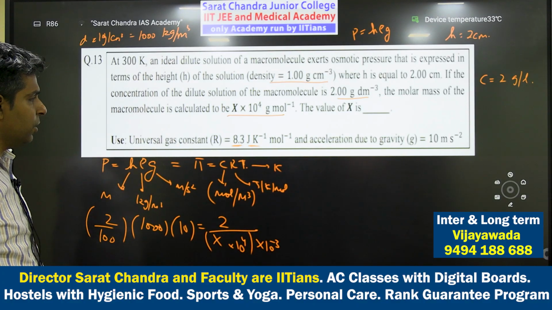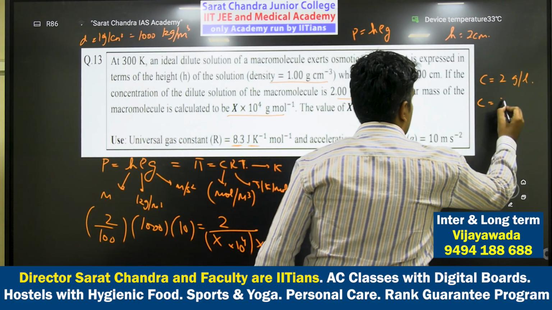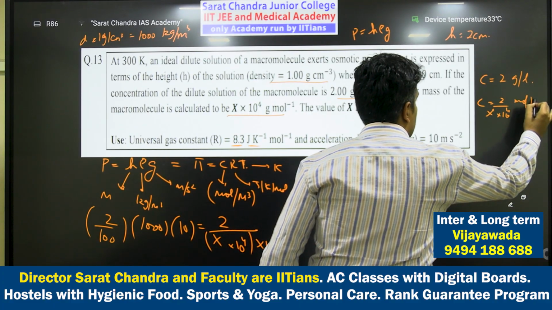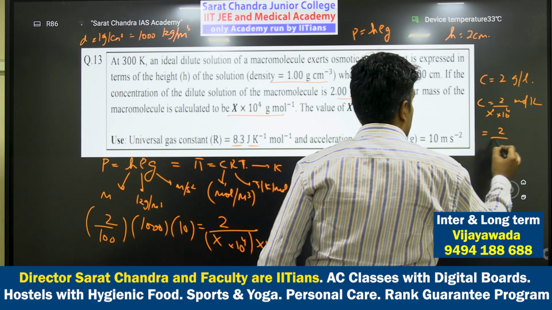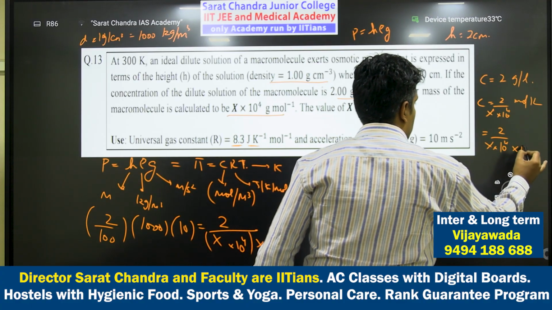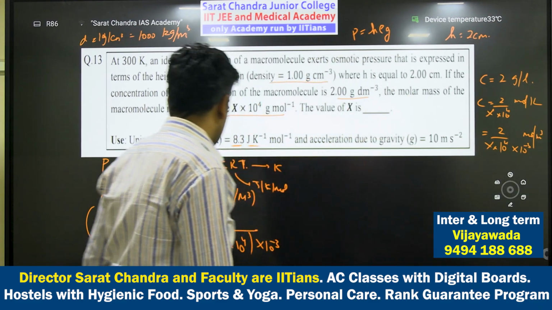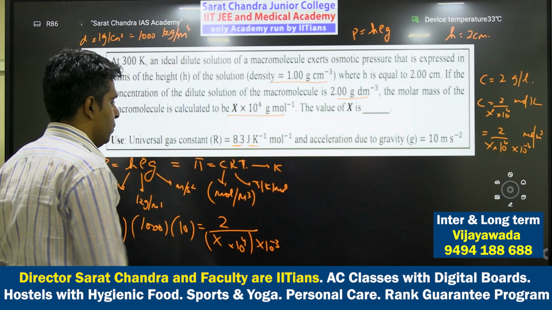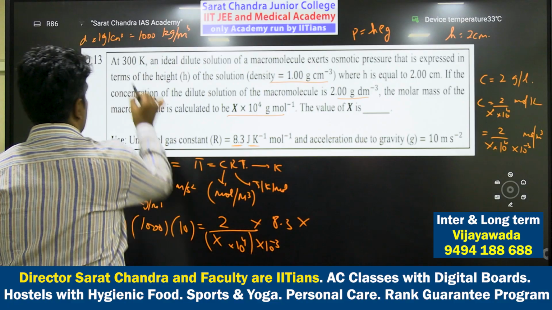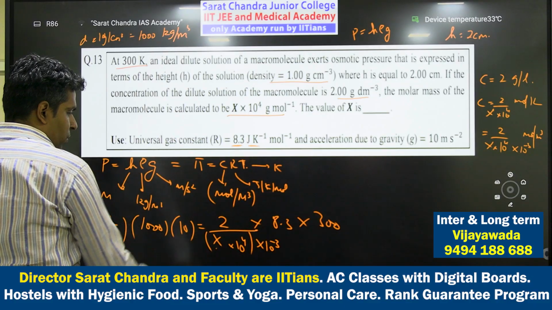So you can find out the concentration first as 2 over X into 10 to the power 4, in moles per liter, then I am converting this by multiplying by 10 to the power minus 3, and this will be in moles per meter cube. So this is the concentration in moles per meter cube. The value of R in SI unit is 8.3 as given in the question, and temperature is given as 300 Kelvin. We have to find out the value of this X.